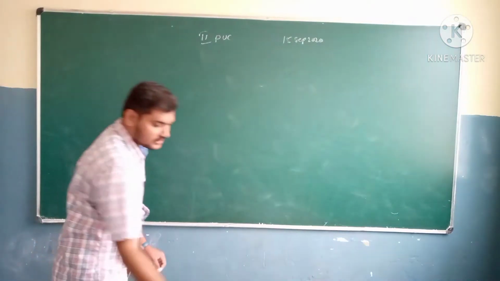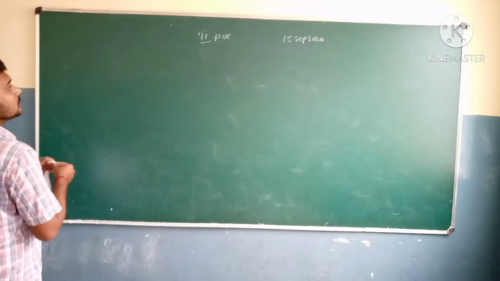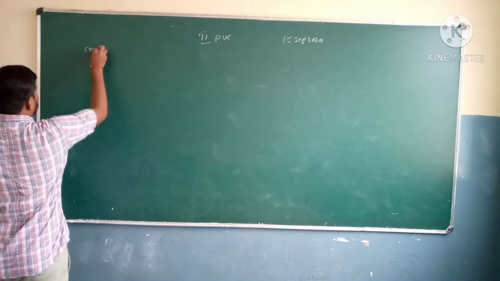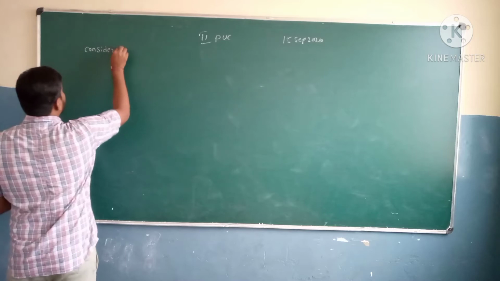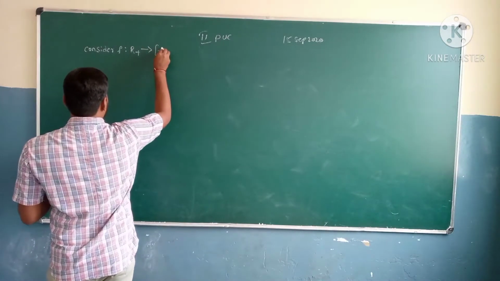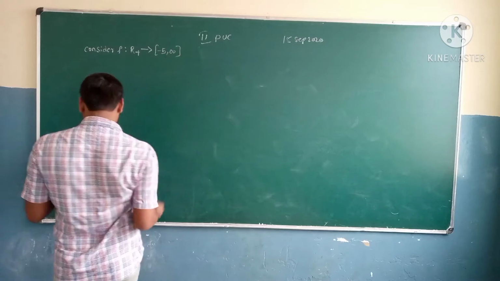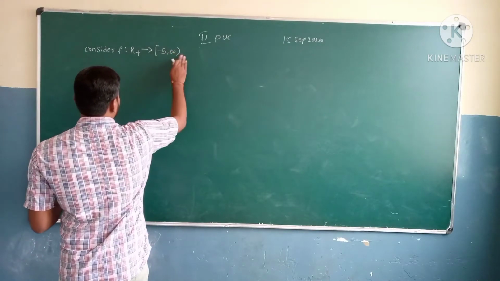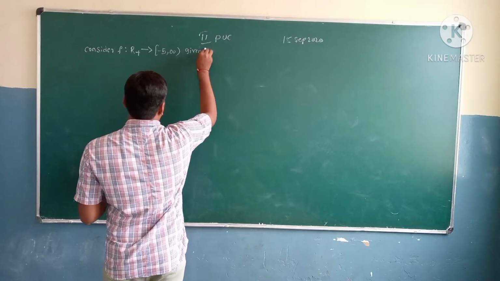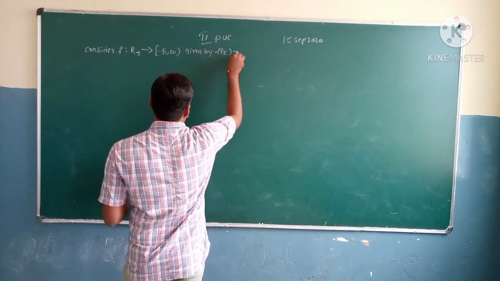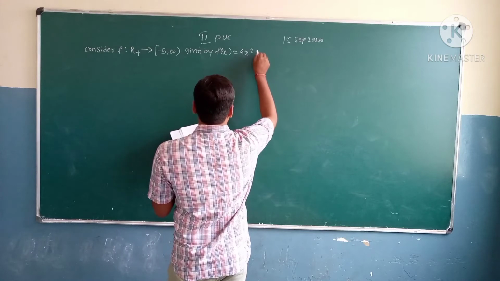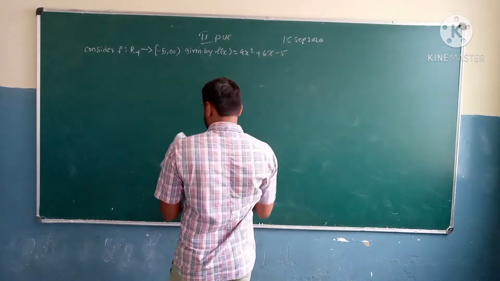So next question. Consider f from R plus to the closed-open interval of minus 5 comma infinity, given by f of x is equal to 9x square plus 6x minus 5.